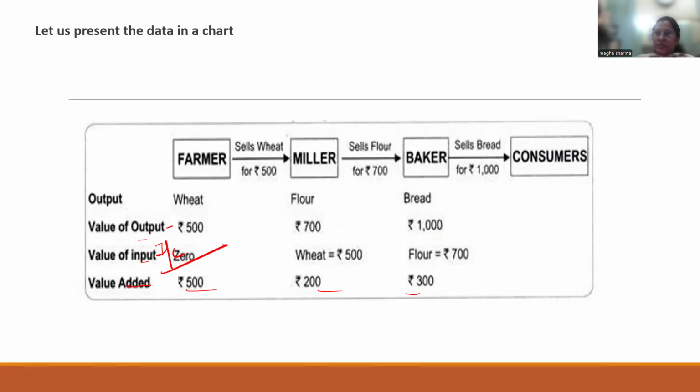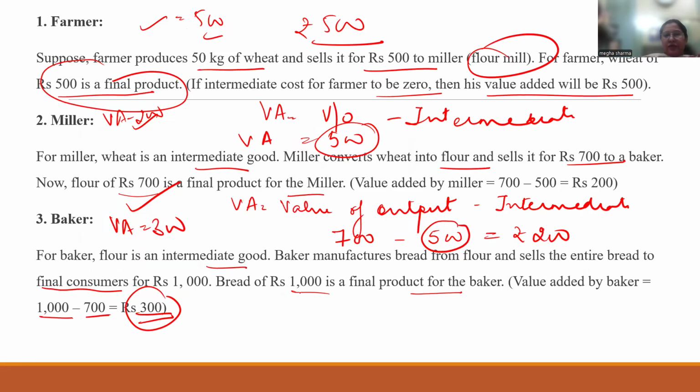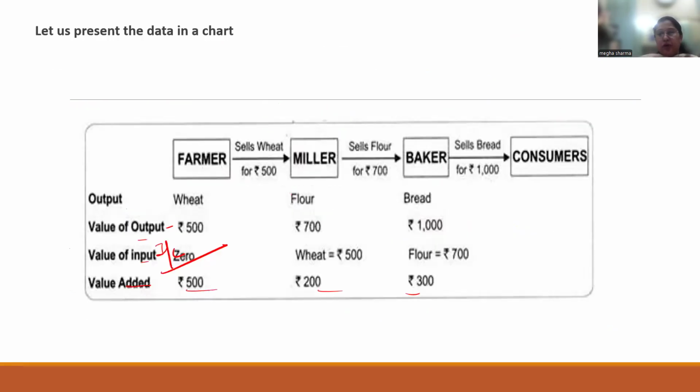Earlier we used to follow this kind of concept. Where we are considering that 500 plus 200 plus 300 is an income in an economy, this stands for only rupees 1000. But what if we don't consider the formula of value added? What would be the final output in an economy?